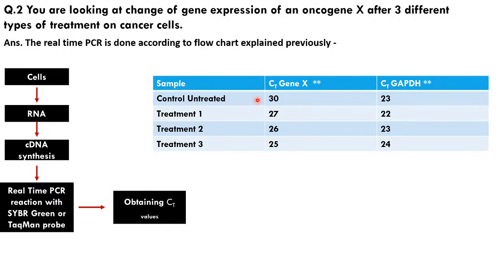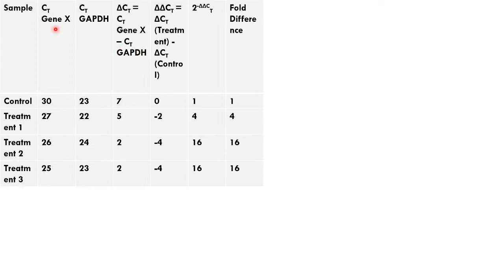We have to normalize the data. So we do the CT of GAPDH also. For each sample we have the CT of gene X and the CT value of what? GAPDH. So again, CT of gene X, CT of GAPDH. Then for each sample we do delta CT, target minus reference, right?